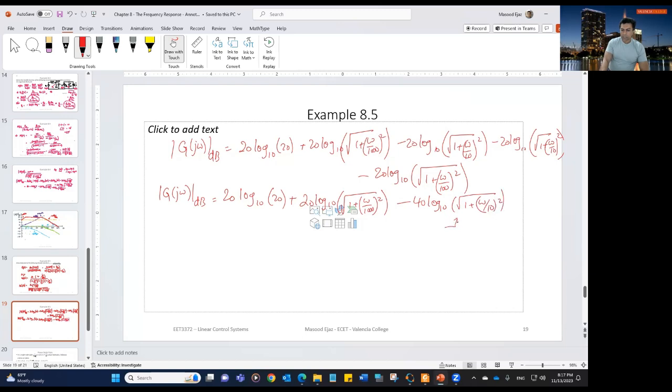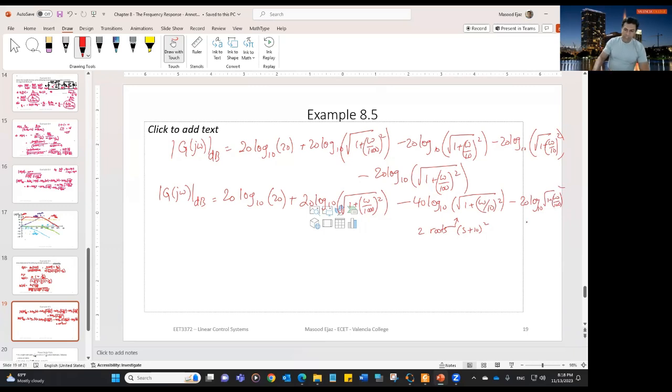So these are 2 roots, S plus 10 squared, and minus 20 log 10 of the square root of 1 plus omega over 100 squared.